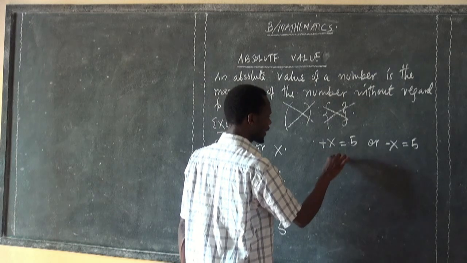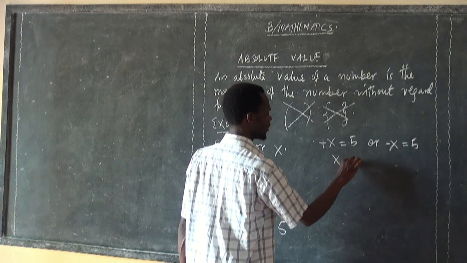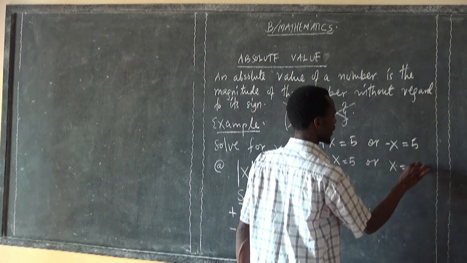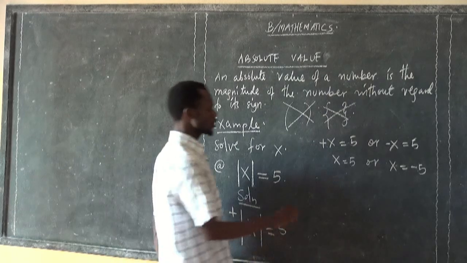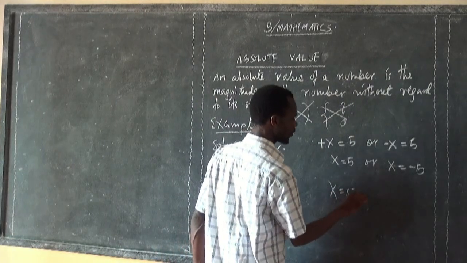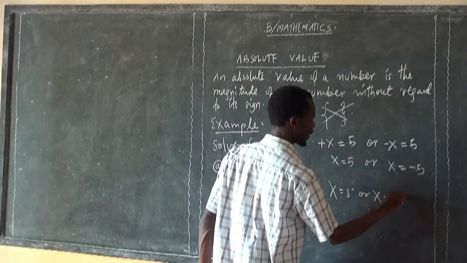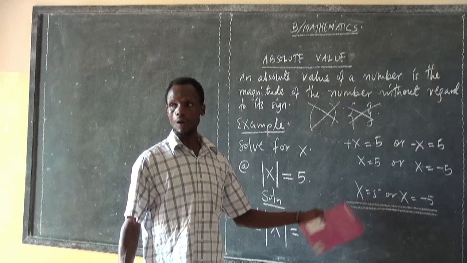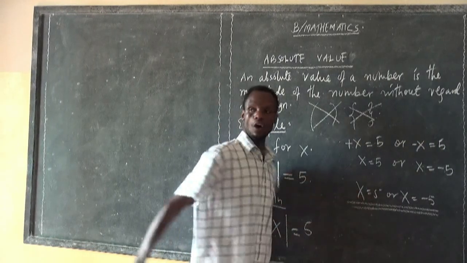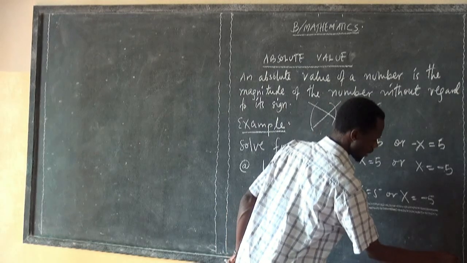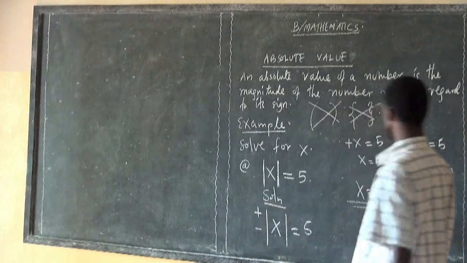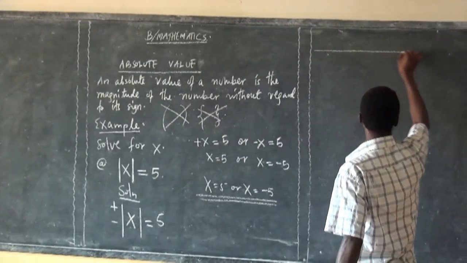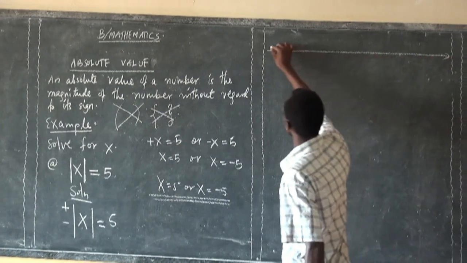Now here x is equal to 5, or you divide by negative, x is equal to -5. Now in short, x is equal to 5 or x is equal to -5. If you've been told to solve and represent your answer on a number line, this is the way you would do it.